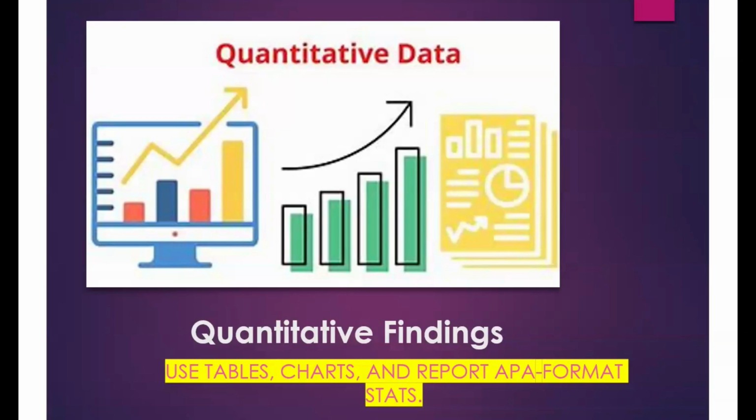For quantitative data findings, you will definitely probably have tables, charts, bars, and figures. Even in qualitative, you could have figures. But definitely you will have some figures, bar graphs, tables, and probably charts in quantitative findings.